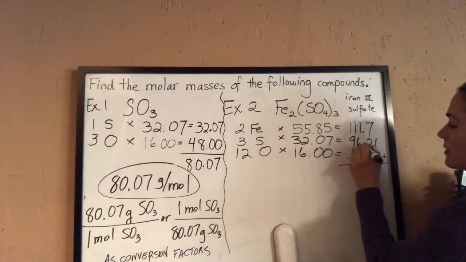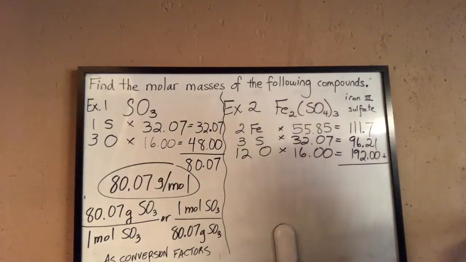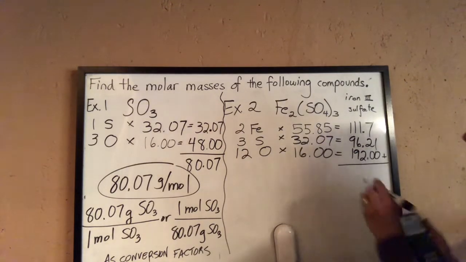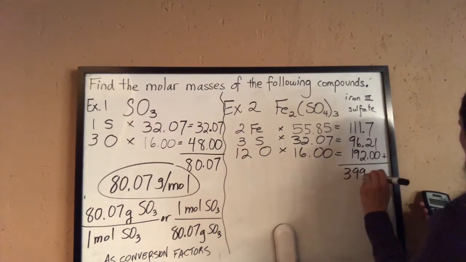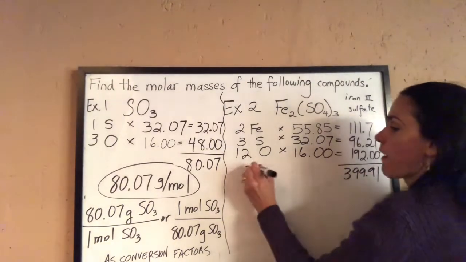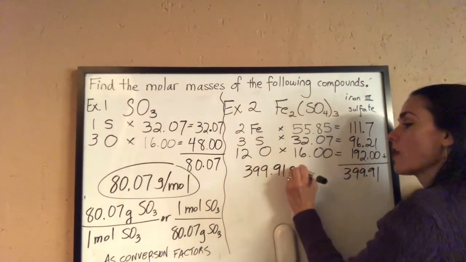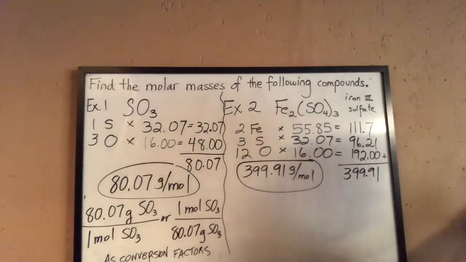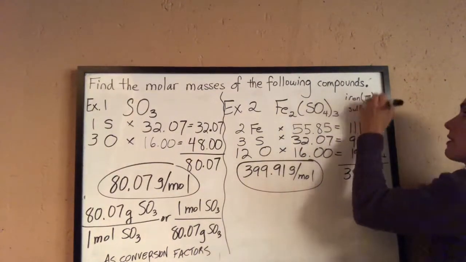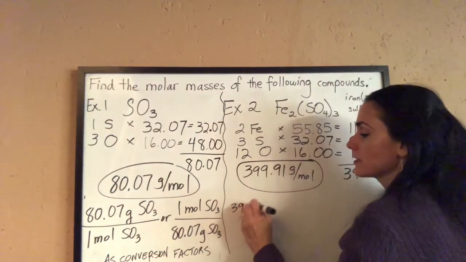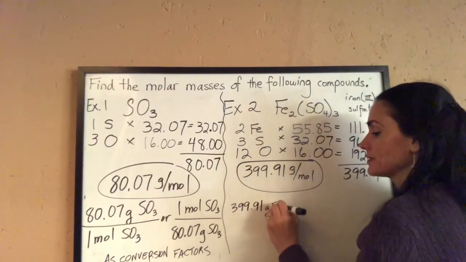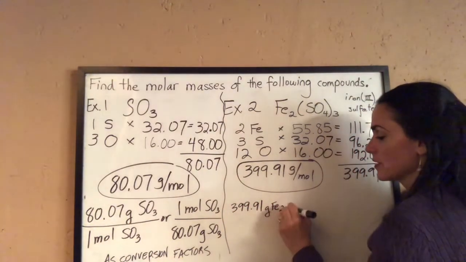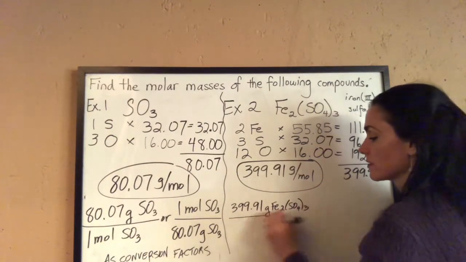Then you'd add them together. $399.91. That would be the molar mass of iron 3 sulfate. I'm going to write it as a conversion factor as well, because that's what we're going to do in the upcoming section. Use it as a conversion factor.